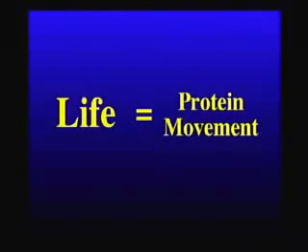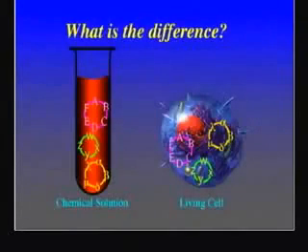And proteins are the only molecules that are moving, so they become the most important ones in the generation of life. So if I have a test tube on the left side, I put all the proteins of the cell, and I have a cell on the right side with all the proteins in it, so the proteins are exactly the same in the left and right. The test tube is not alive, but the cell is alive, and yet it has the same protein. So the question now is, what is the difference between the two?